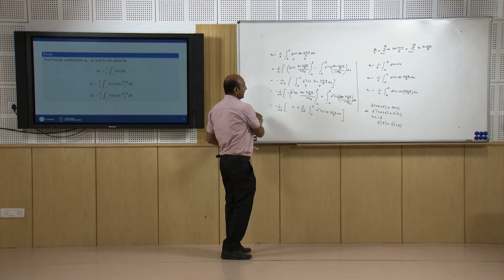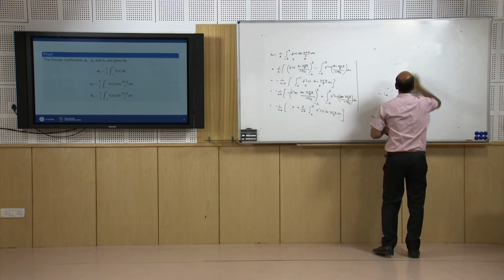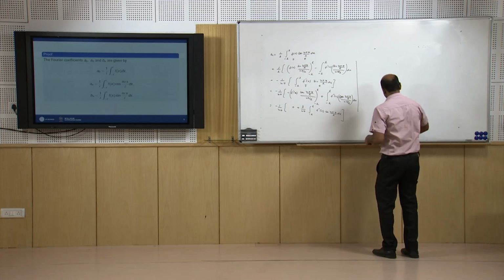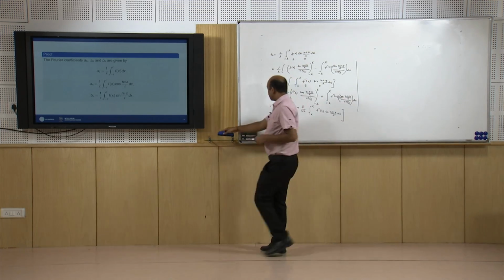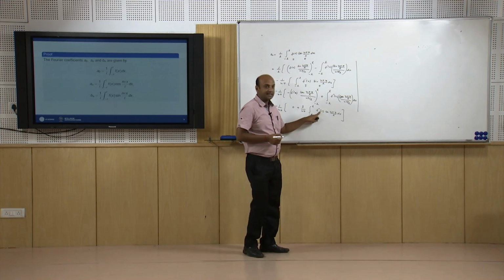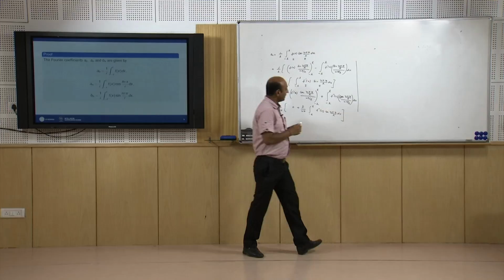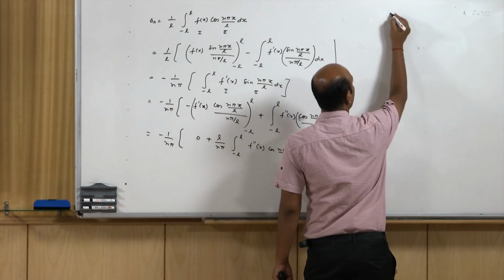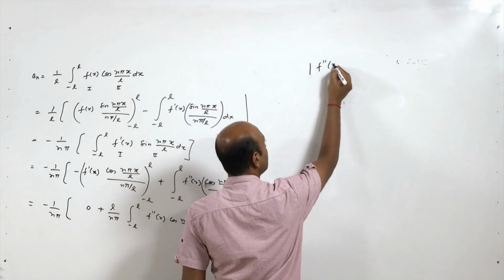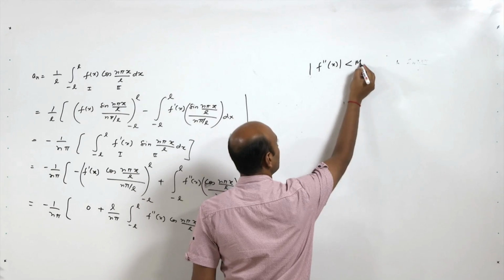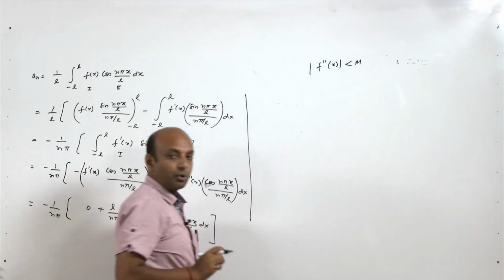Now, we have to show that this is convergent. To show that, since f double dash x is continuous in the interval minus L to L, we can say that mod of f double dash x will be less than M for some M, because it is continuous.